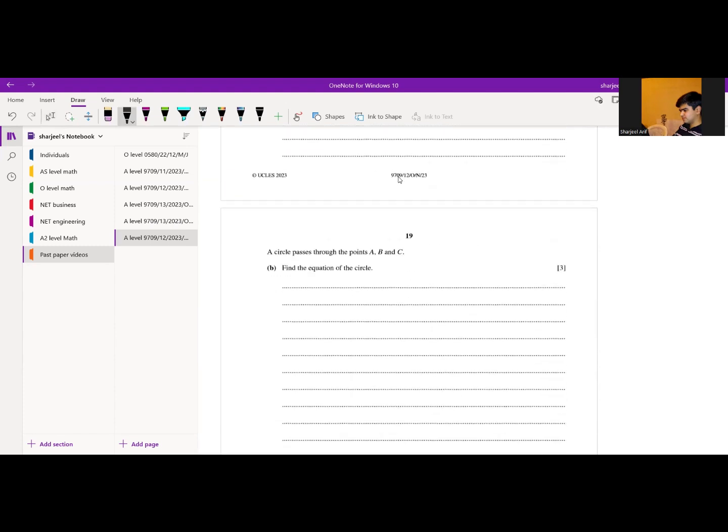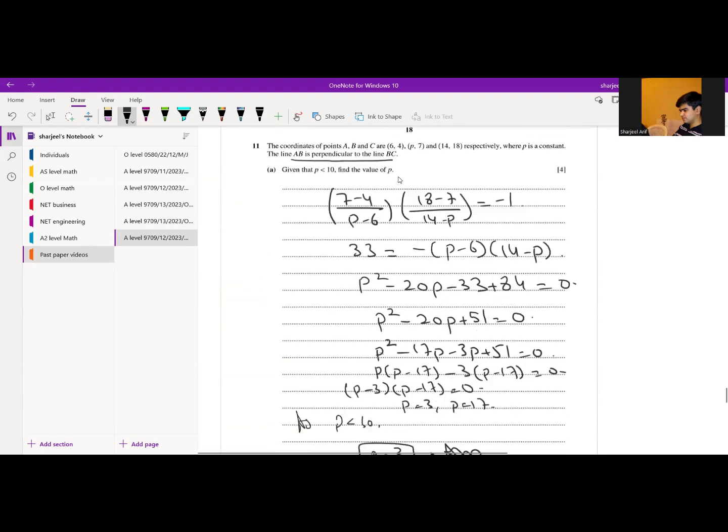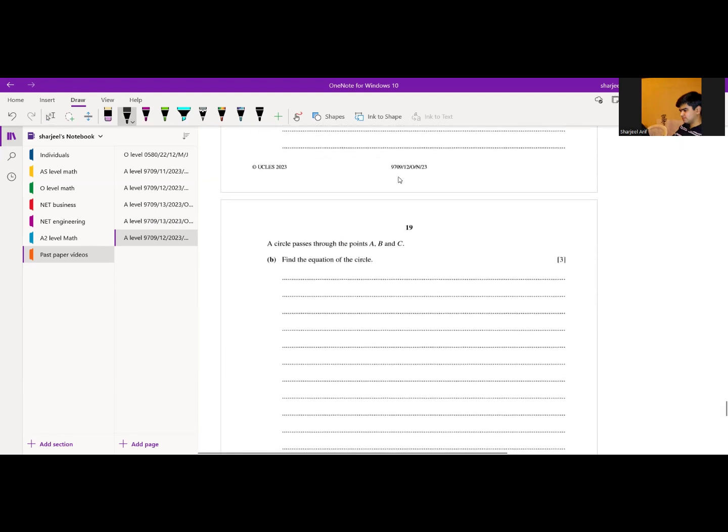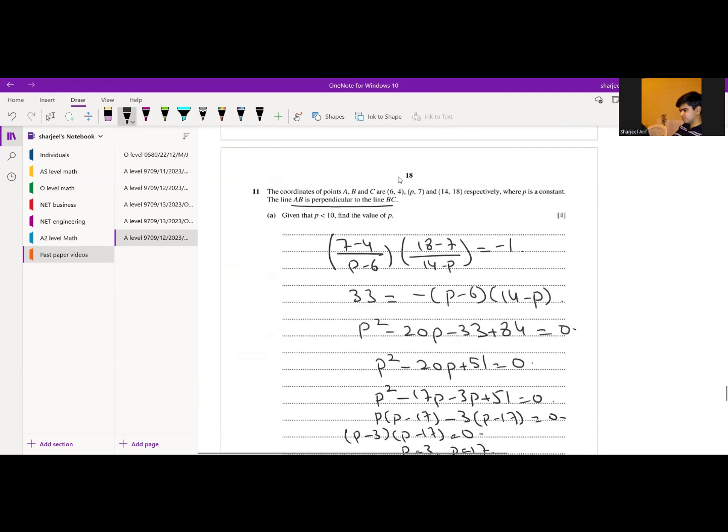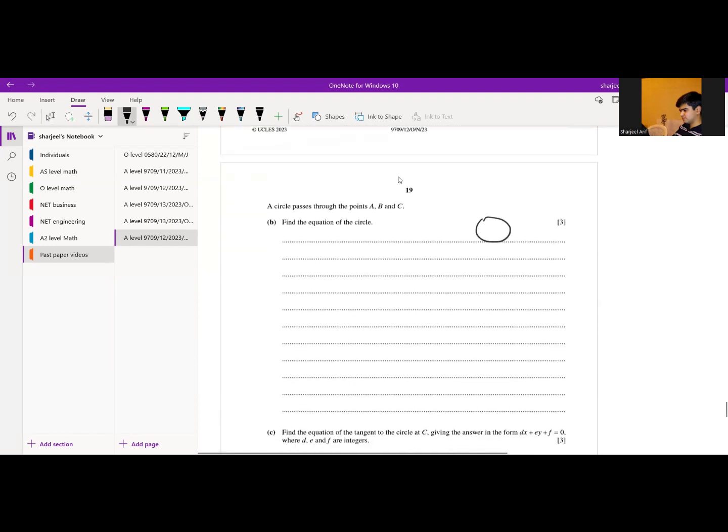Now, for the B part, we have a circle that passes through the points A, B, C, and we must find the equation of the circle. For that, we have to find the midpoint of AC, because we have proved in the previous part that AB is perpendicular to BC. This means it makes an angle of 90 degrees.